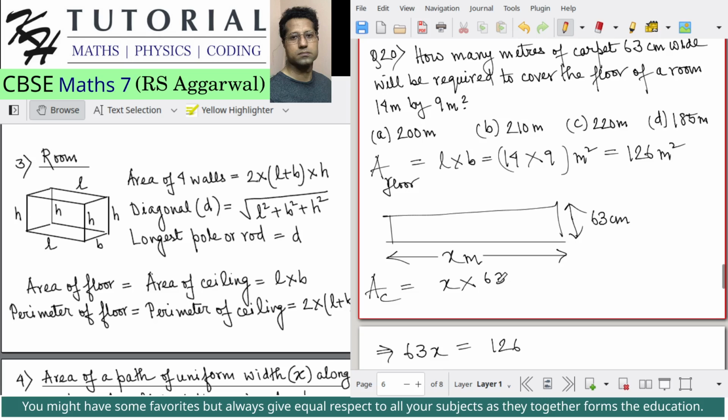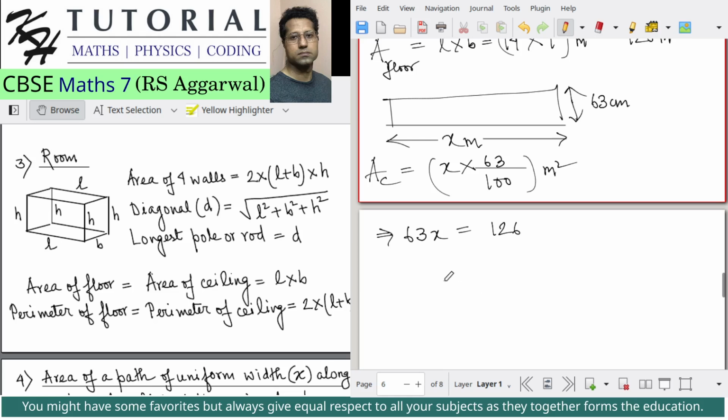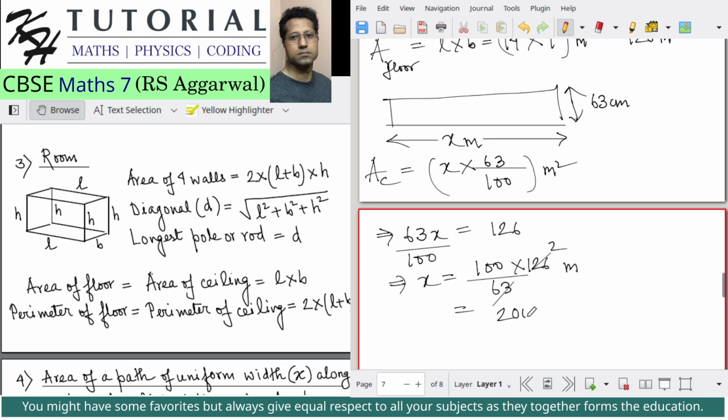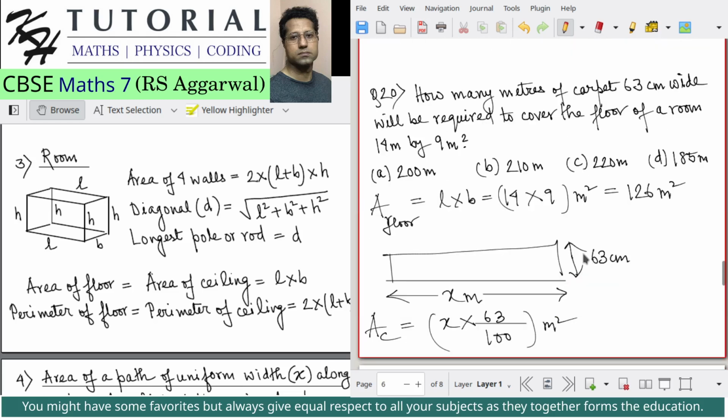We have to convert 63 centimeter into meter, so this will be 63 by 100 meter square. So now we can say that 63x by 100 is equal to 126. This implies x is equal to 100 divided by 63 multiplied by 126 meter, and this is equal to 200 meter. So A is the correct choice.